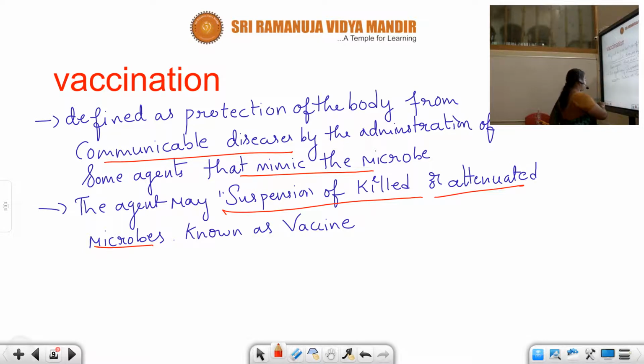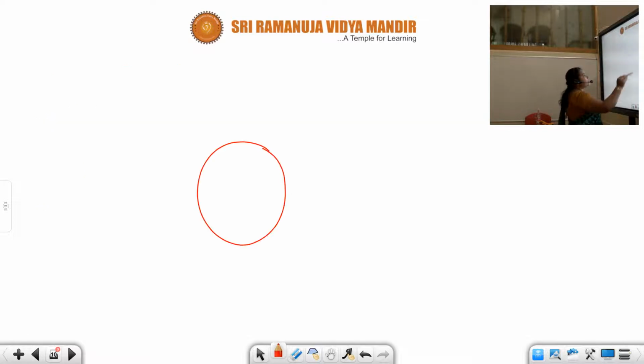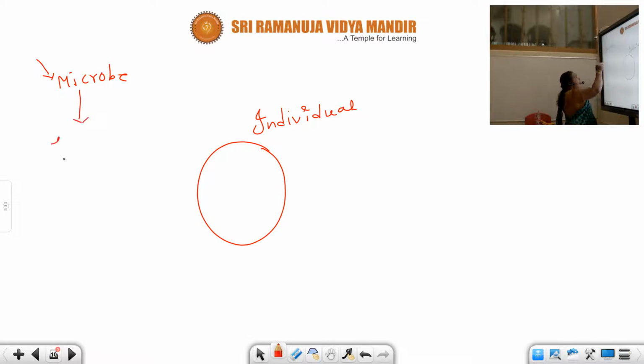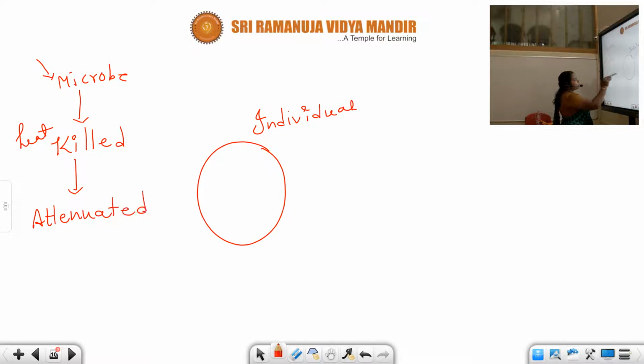Let me explain with an example, students. Think of this circle as an individual. Now we take a microbe or microorganism, and first they make the particular microbe heat killed. This heat killed microorganism is known as an attenuated microbe.